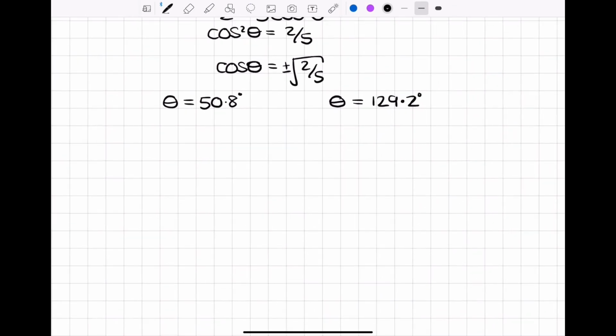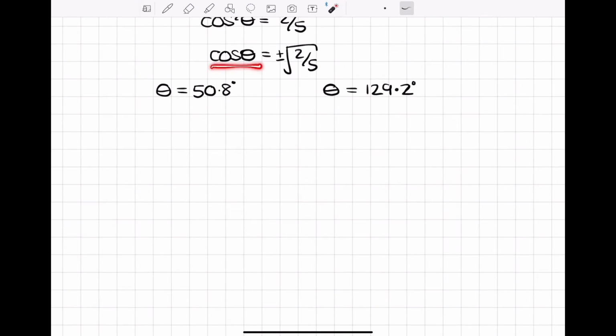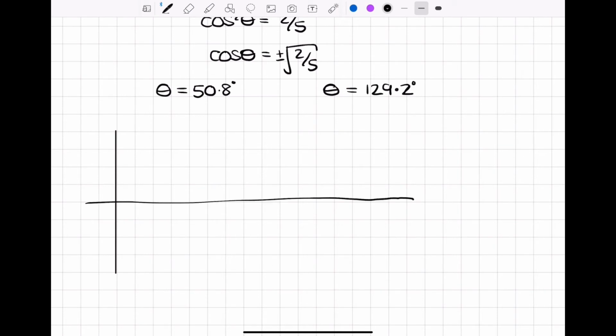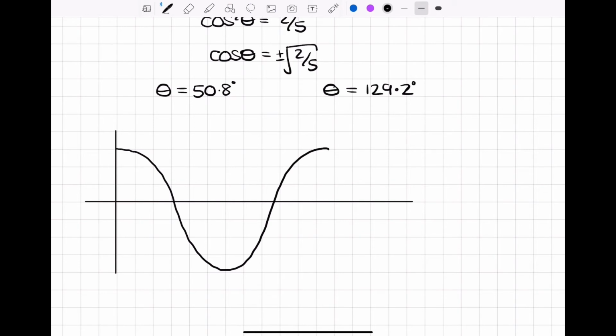Those aren't my only solutions, so we're solving this for cos theta. It will help if you can draw out your cos graph. We'll go between 0 and 360. And we have our first solution for the square root of 2 over 5, which would be about here, and our other solutions for the negative root 2/5.